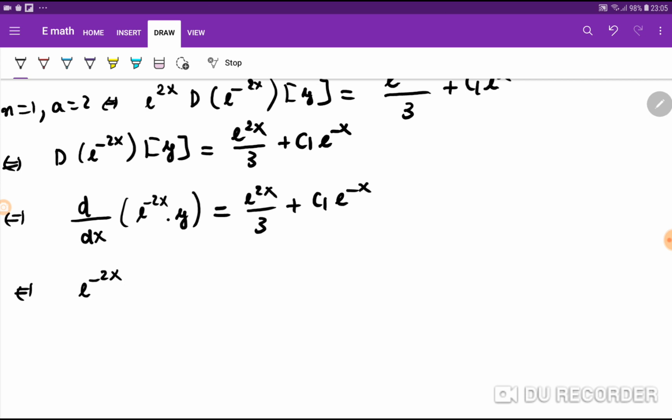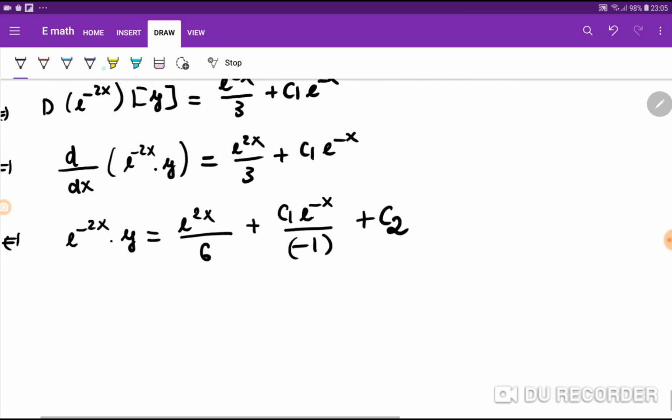This becomes e to the power negative 2x times y. The right side becomes e to the power 2x divided by 2, and then you divide by 3 again, you get 6, plus c1 e to the negative x over negative 1, plus c2. Be careful: now I'm gonna turn this into c1, because remember, c1 over negative 1 is just a number.